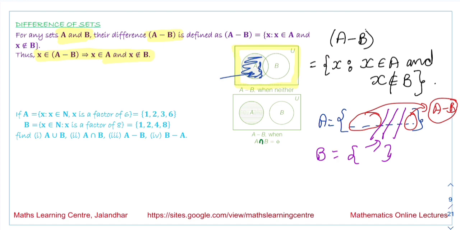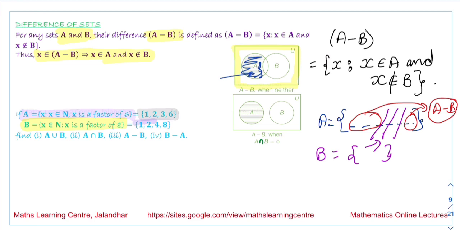So the next question we are given is: the set A is {X : X is a factor of 6 and X is a natural number}. Set B is {X : X is a factor of 8 and X is a natural number}. So if we form the collection, these are 1, 2, 3, 6, the natural numbers which are factors of 6.